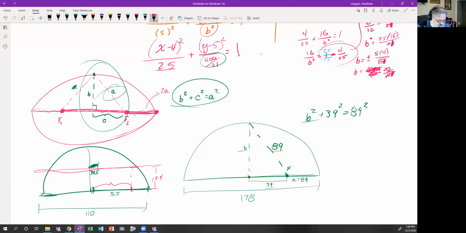Well, notice we're given our B and our A, right? Our center is wherever we want our center to be, so let's just say it's at the origin. Then we have x squared over 55 squared plus y squared over 34.5 squared equals 1.